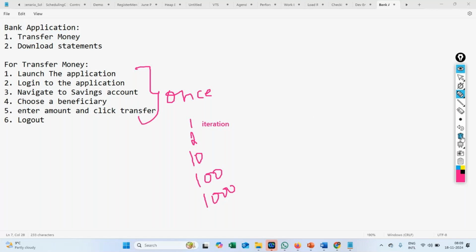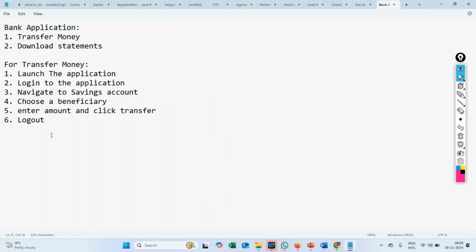Now, the requirement from the client can be something like this: can you test this transfer money scenario with 500 users, with a target of, let's say, 2000 iterations? This can be a kind of input that we get from the client generally: 500 users, target of 2000 iterations.